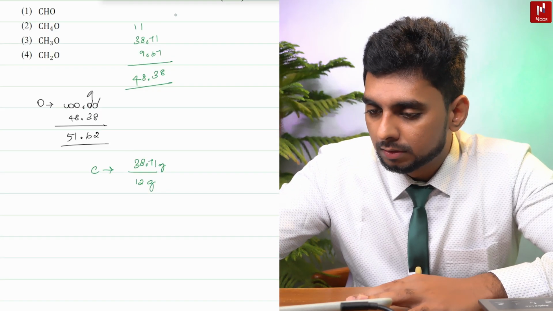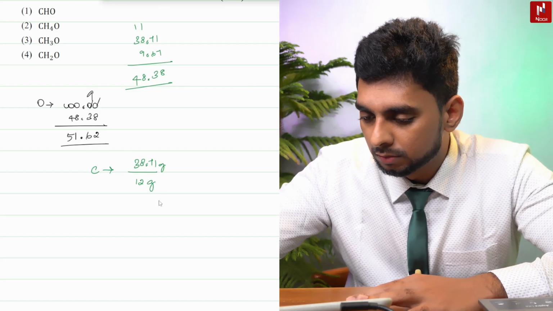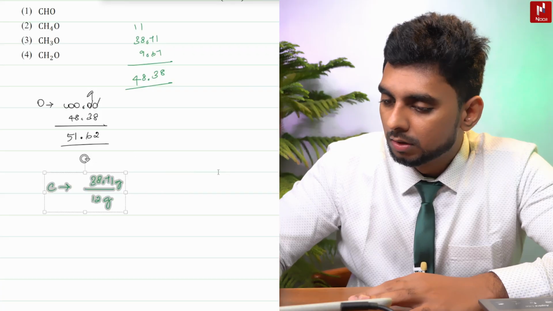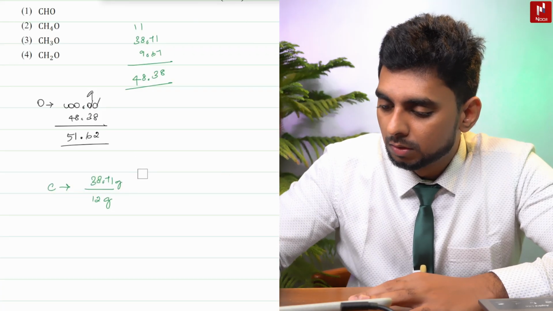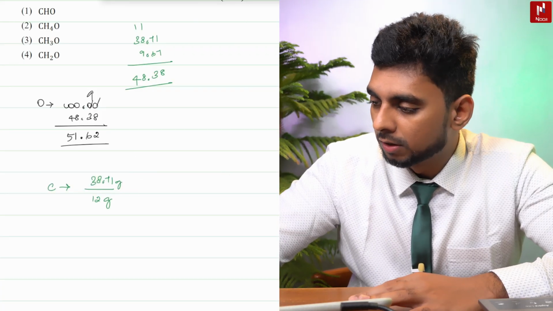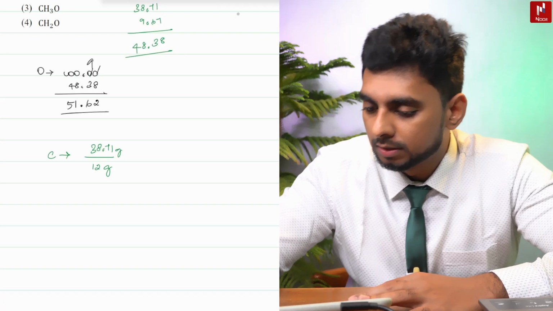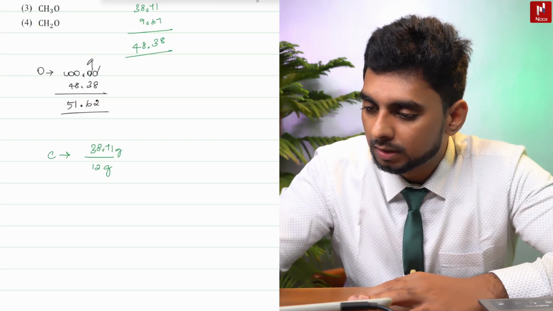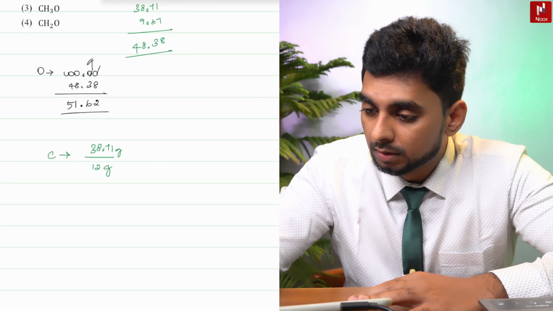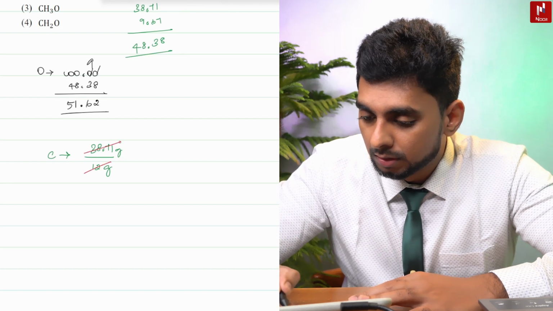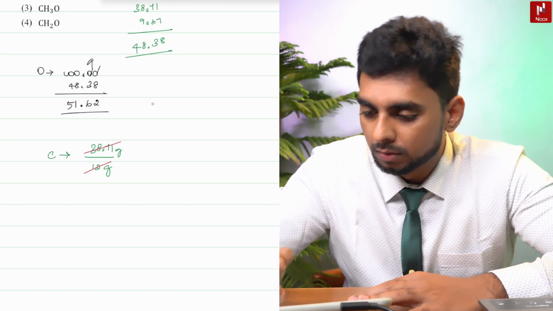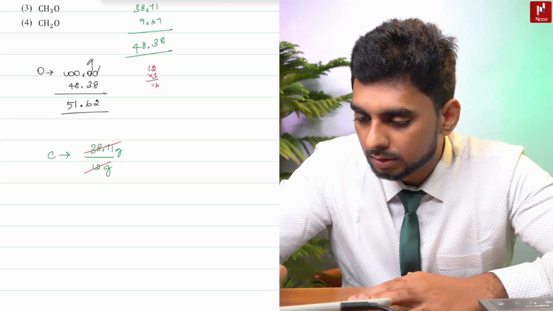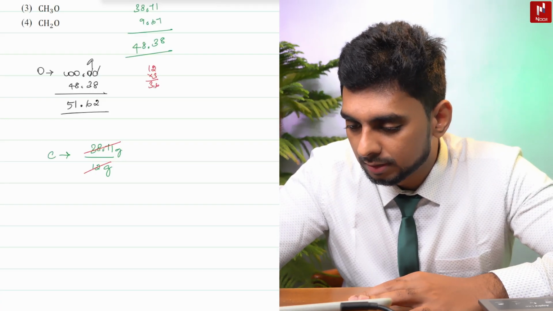Let me move this one a little bit towards the left. So this was the molar mass of the carbon. If I do the cancelling, I'll end up getting the number of moles, isn't it? Let me do the cancelling steps. What will be 12 times 3? That's 36.